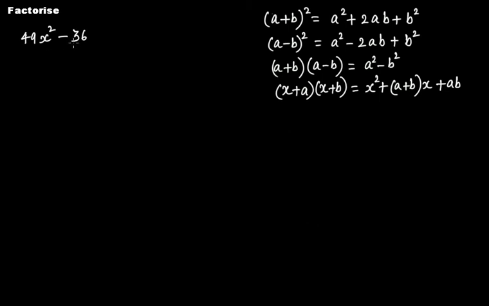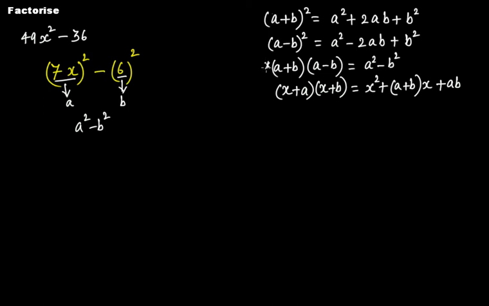49x squared minus 36. So this is very easy. This 49x squared can be written as 7x whole squared, because 7 times 7 is 49 and x multiplied by x is x squared, minus 6 squared. Now if you take 7x as a, 6 as b, then it is of the form a squared minus b squared.